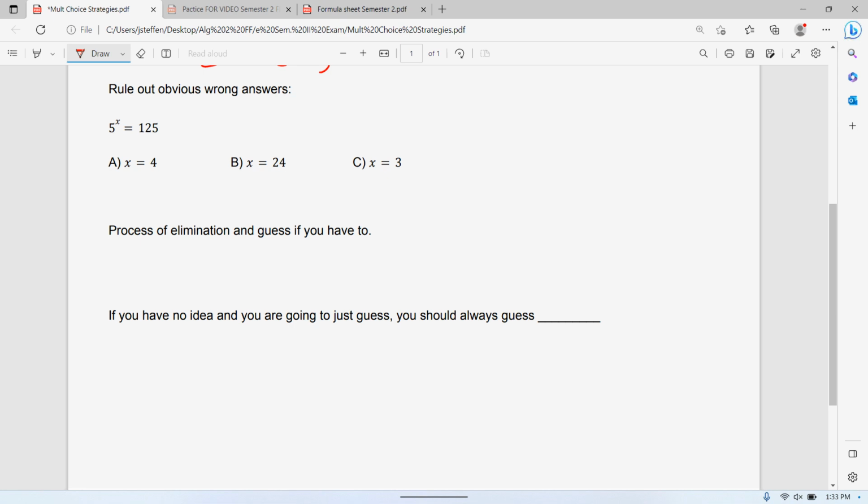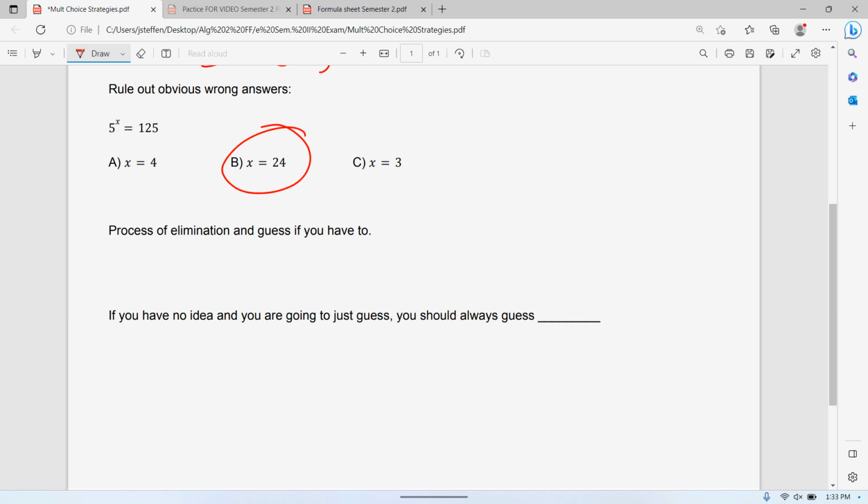One other thing, and I was trying to figure out better examples of this, just ruling out obvious wrong answers. Some of you might look at this and think it's obviously wrong, but we're talking about 5 raised to the 20. If I put this number in my calculator, it doesn't even fit.